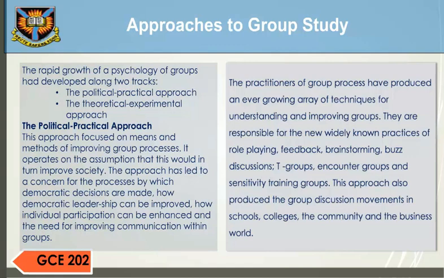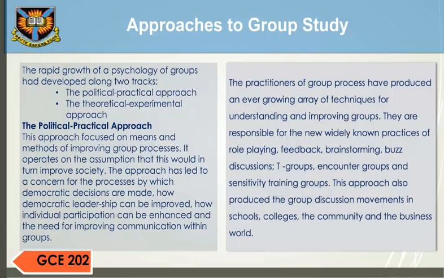Approaches to group study. The rapid growth of a psychology of groups had developed along two tracks: the political practical approach and the theoretical experimental approach. The political practical approach focused on means and methods of improving group processes.